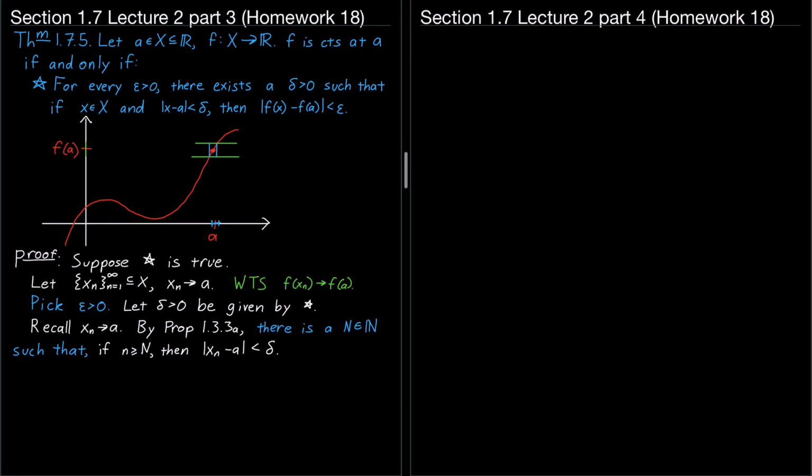And now we have that if n is bigger than big N, then xn minus a is less than delta, and that's by our definition of big N. And by proposition 1.3.3a, there's a big N that makes this work.